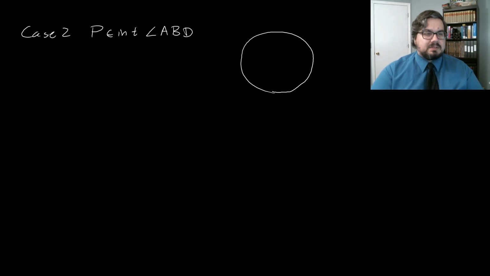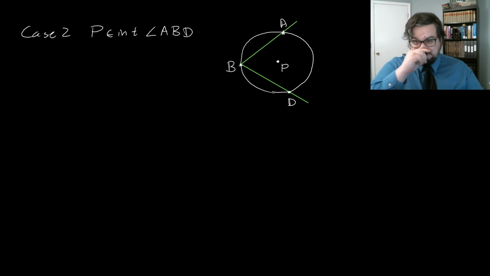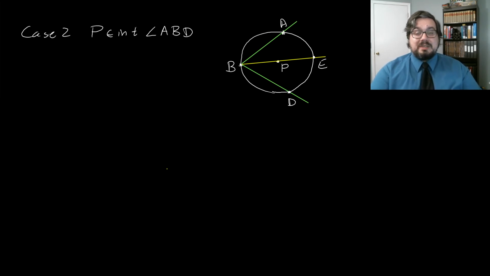So in this case, we have something like P, A, B, D. And here, what we want to do is to construct a line that goes from B through P and gives us another point E over here. And so what that does is it splits the problem into 2 pieces, each of which we can handle by case 1.